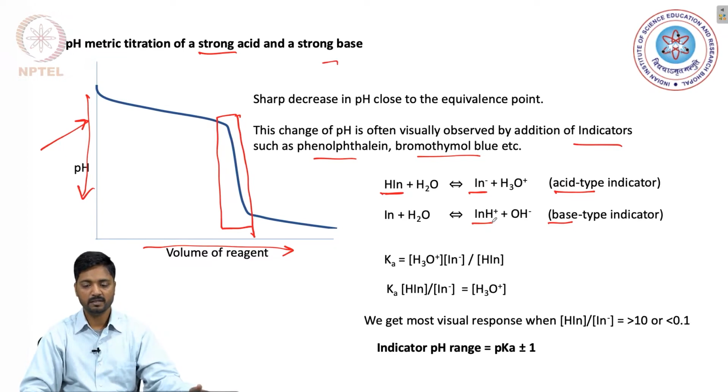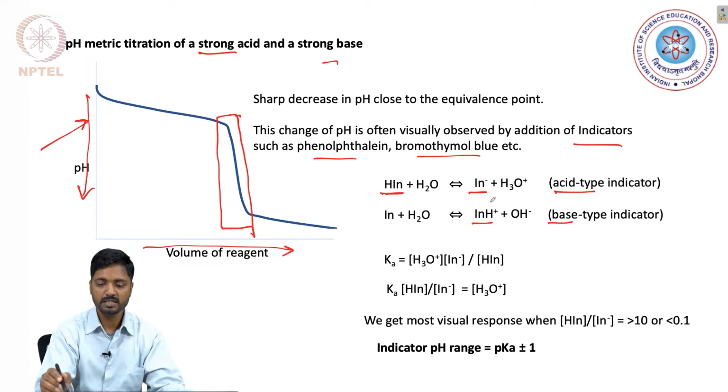The anionic or the cationic forms of the indicator have a different absorbance or emission profile, which becomes our indicator of the completion of the titration.